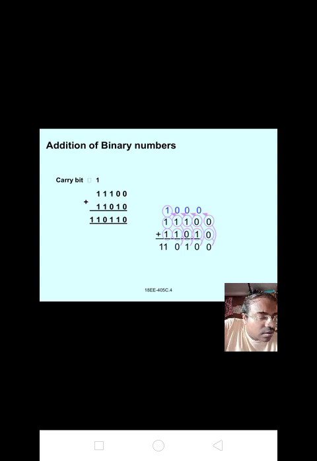Next carry, carry 1. You can write here. 1 plus 1 plus 1, sum is 1, carry is 1. 1 1 1 0 1 1 0. Okay. I got it.